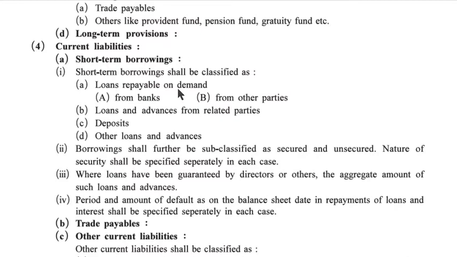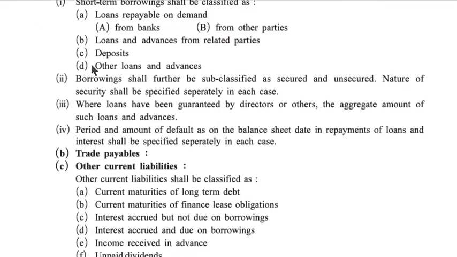A, short-term borrowings. Short-term borrowings shall be classified as A, loans repayable on demand, from banks and from other parties. B, loans and advances from related parties. C, deposits. D, other loans and advances. Second point, borrowings shall further be subclassified as secured and unsecured.